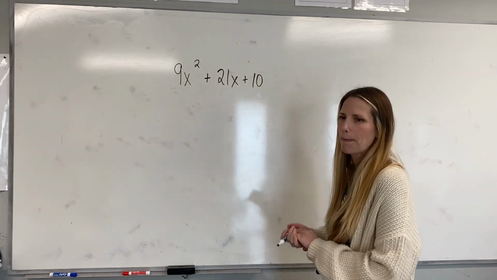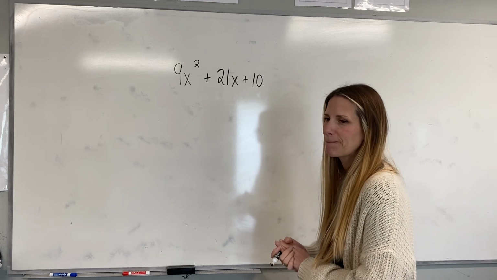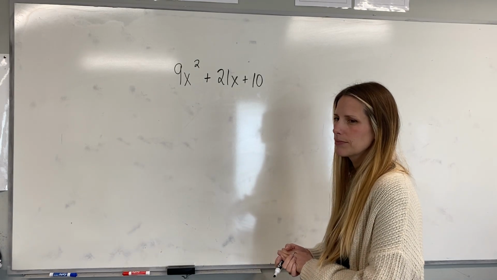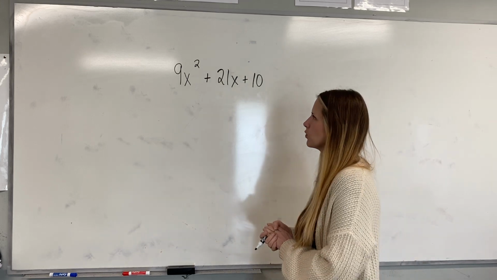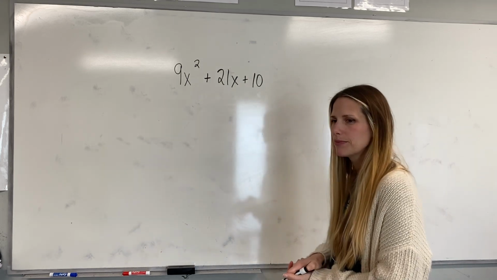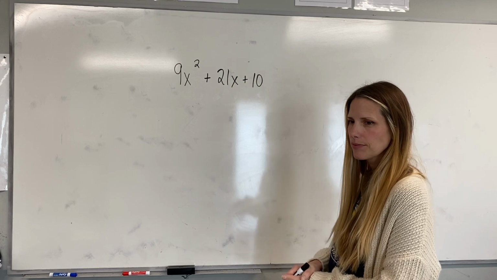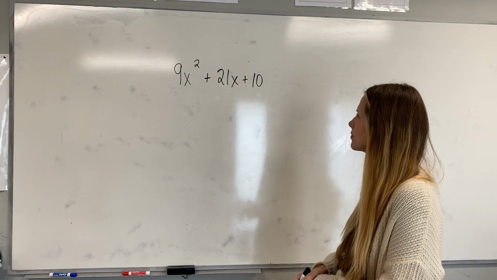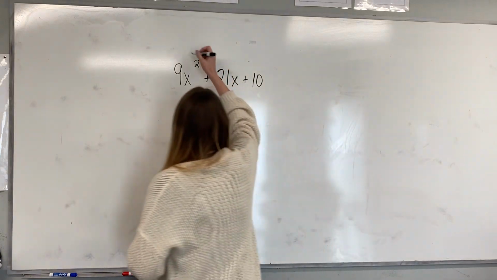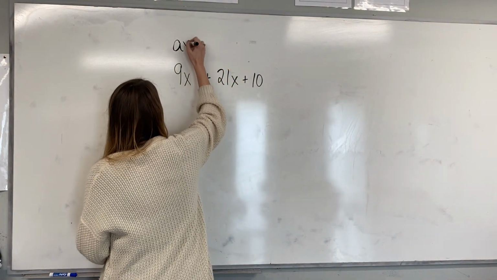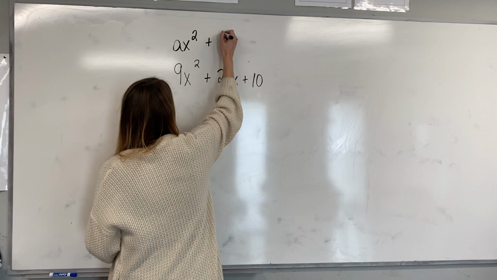What's the next step? Multiply the AC. So what does that mean for this problem? 9x squared times 10. I'm glad you said that. Above this, I'm gonna write the standard form of a quadratic expression.